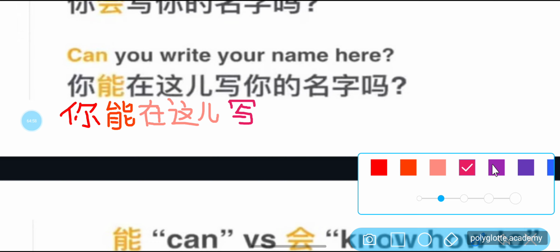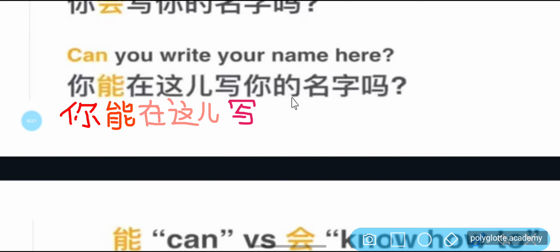The next one goes back to ni, but in this case it's attached to a different character which gives possession.